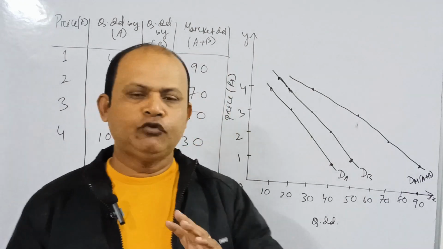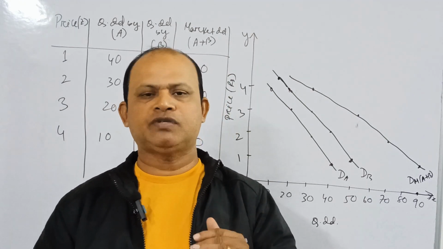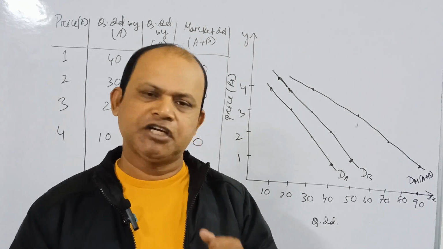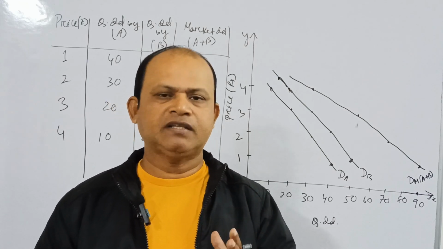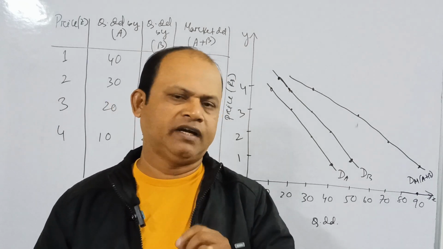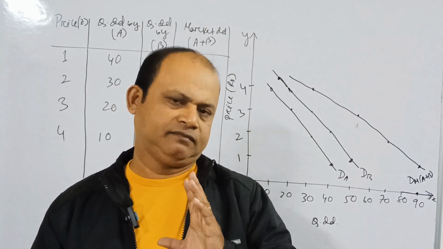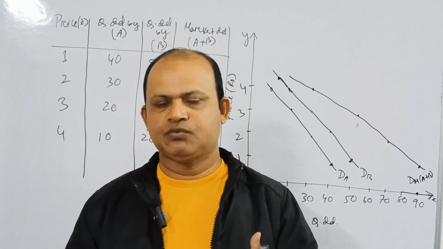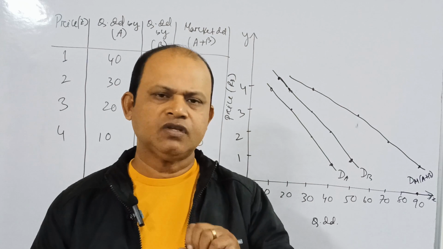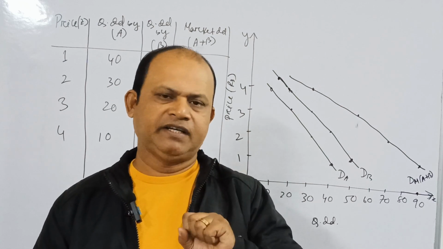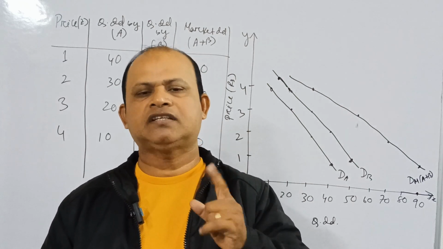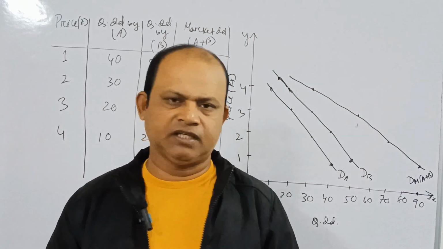Similarly, to draw the market demand curve, we have to take help from the market demand schedule, and we learned how to make the market demand schedule in the previous video. While we draw the market demand curve, it is the horizontal summation of all individual demand curves.